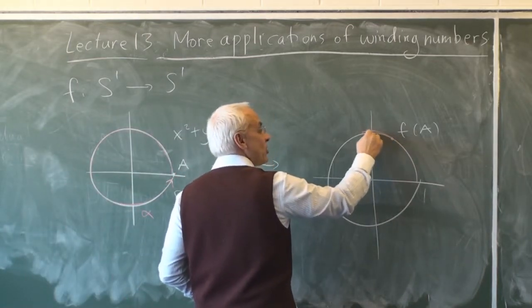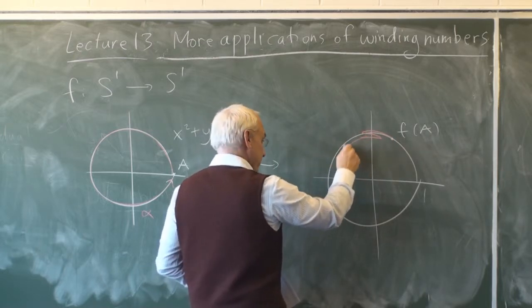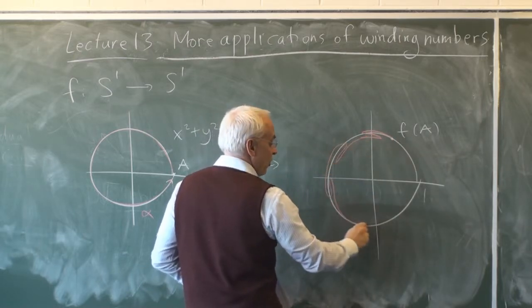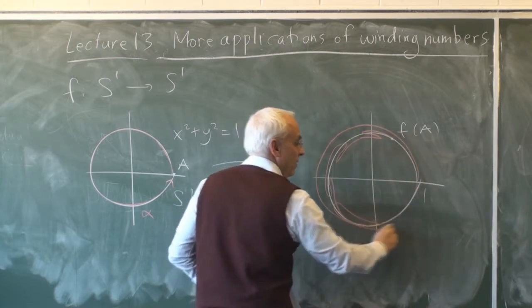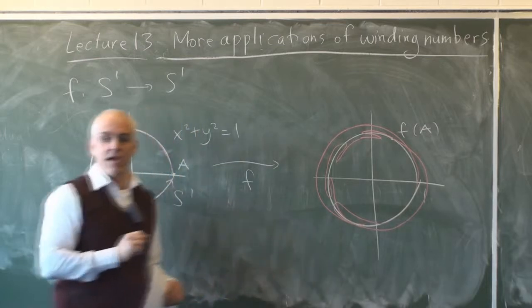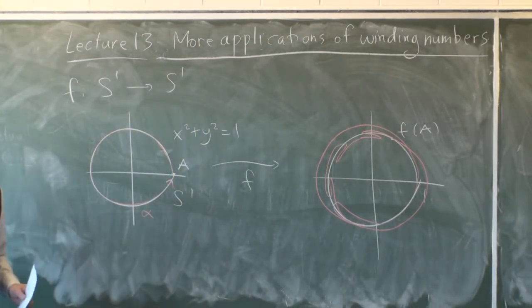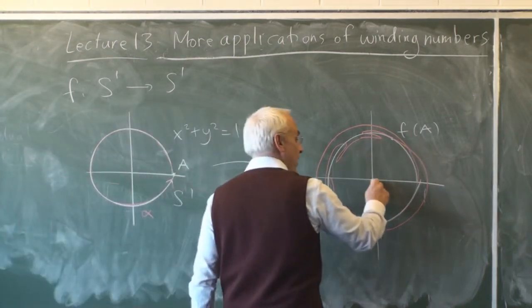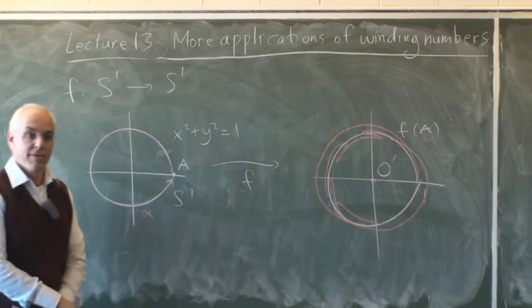Okay, so perhaps the image looks like this. It can wind back and forth, walk around. But eventually, it's going to get back to f of A, because it's a continuous map. Now, that motion, we can think of that as a curve in this plane with center, let's call it O prime.